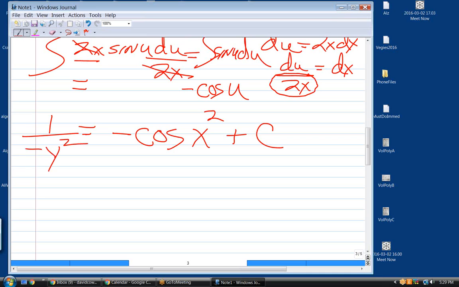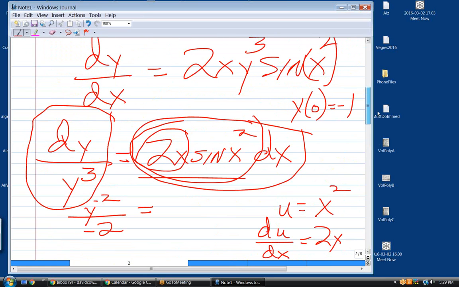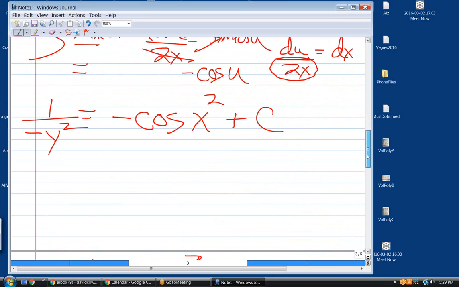Okay. And to solve the initial condition, we've got y of 0 equals minus 1, which means when x is 0, y is equal to minus 1. So we should be able to solve that for c pretty easily.